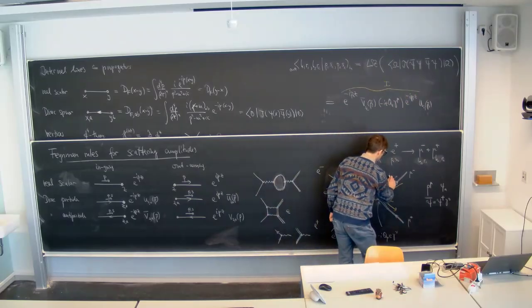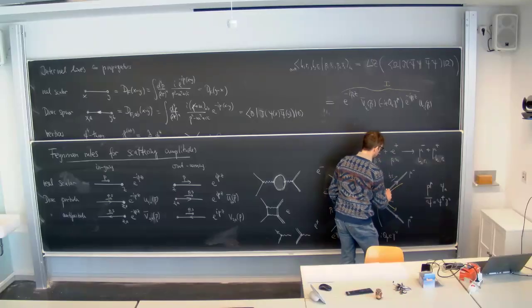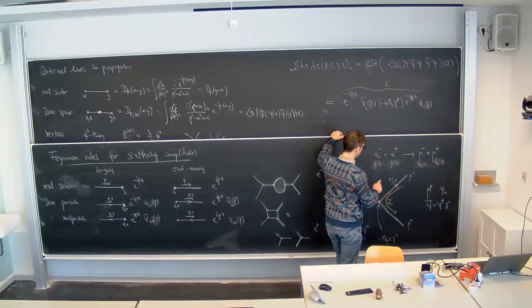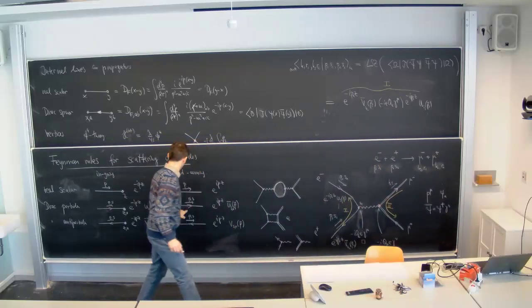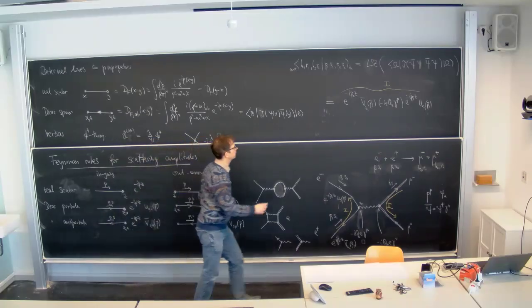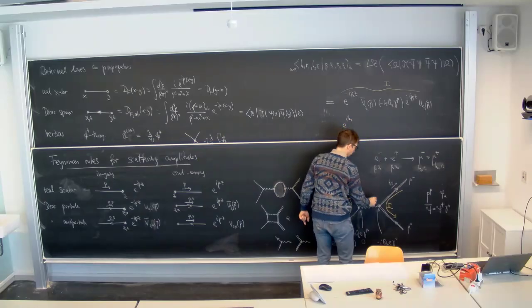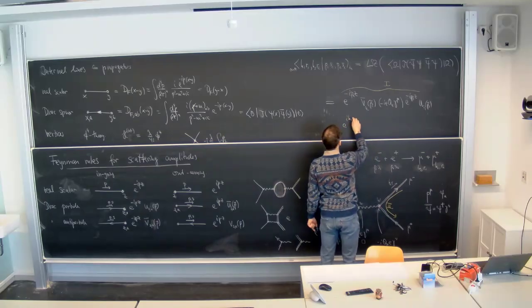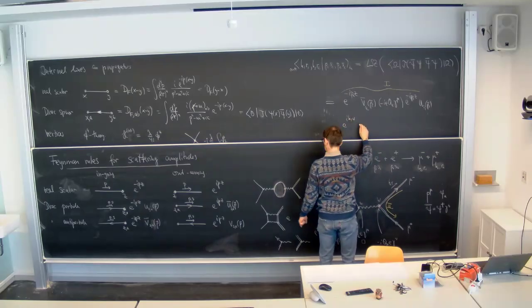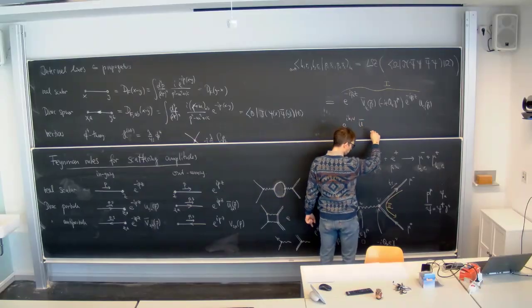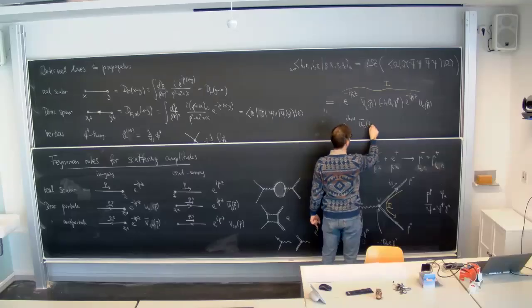This is K1 R1, and so for an outgoing particle it is e to the i k1 w. The vertex is called w, and outgoing is u bar r1 k1.